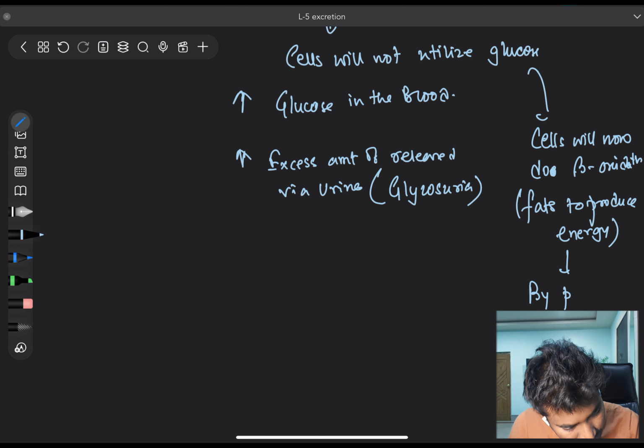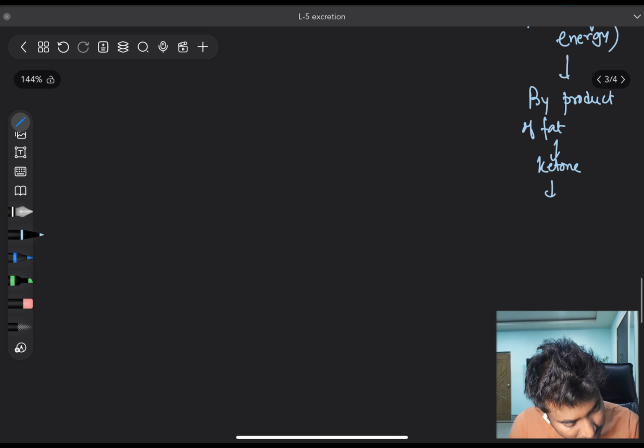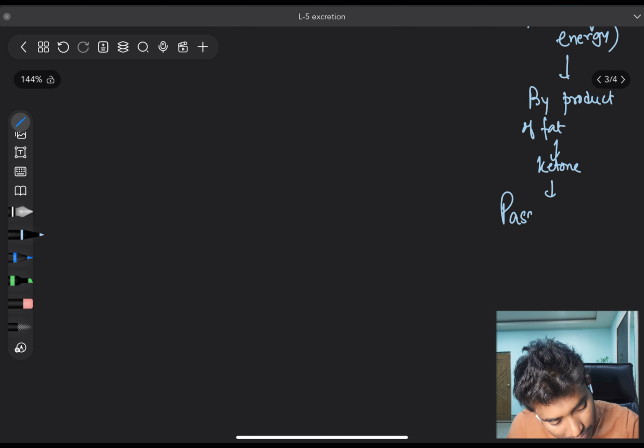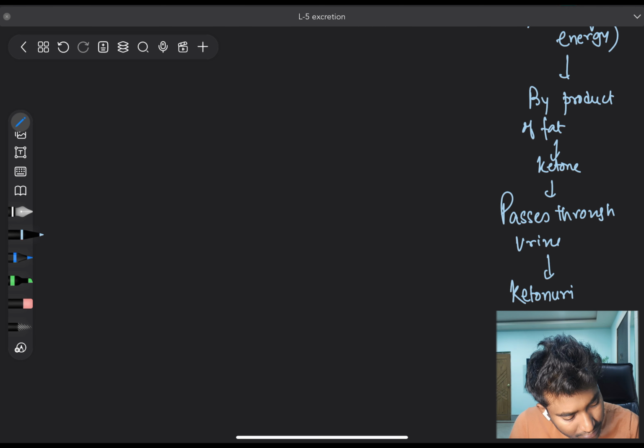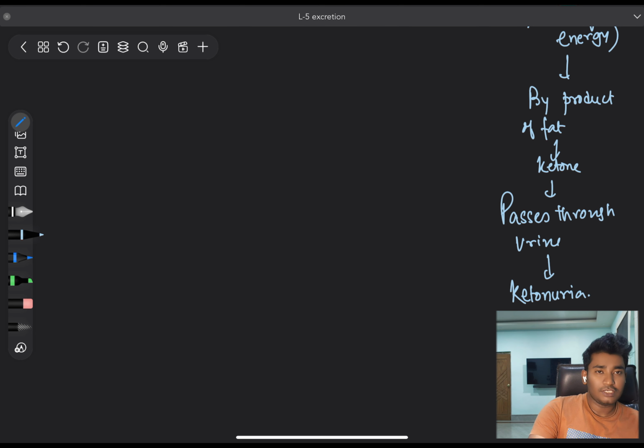Okay. Now what happens? The byproduct of fat becomes ketone, which passes through urine, leading to ketonuria. Okay, that leads to ketonuria.